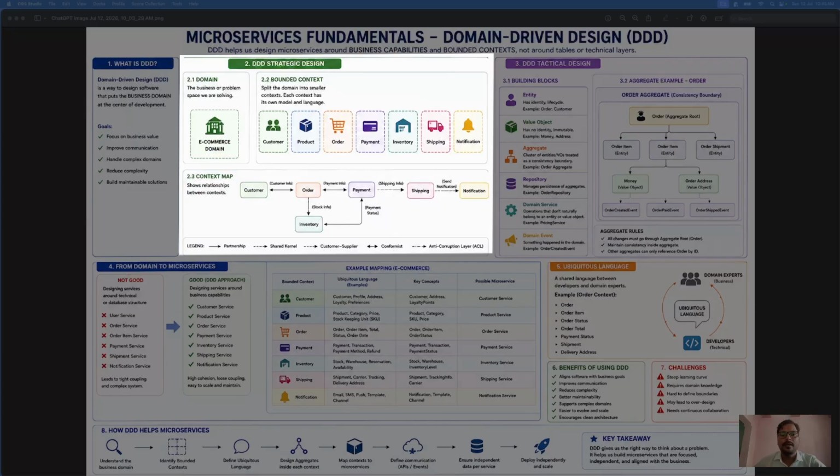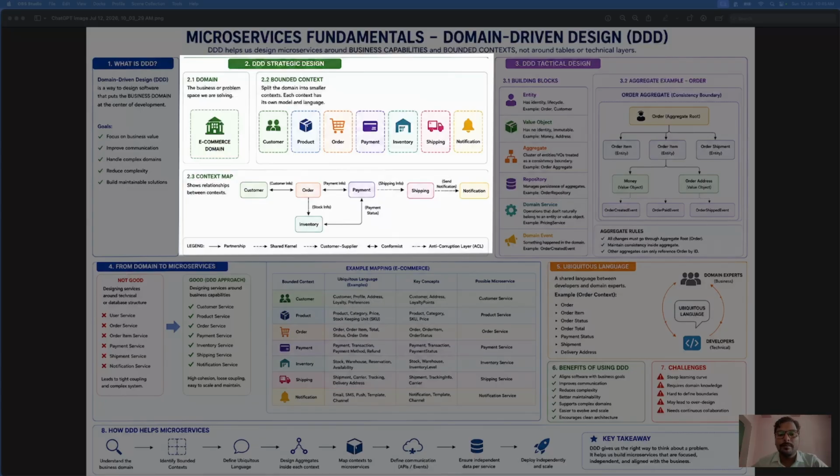It manages customers, products, orders, payments, inventories, shipping, notifications, and so many things. So instead of building one giant application, DDD divides the business into bounded contexts.